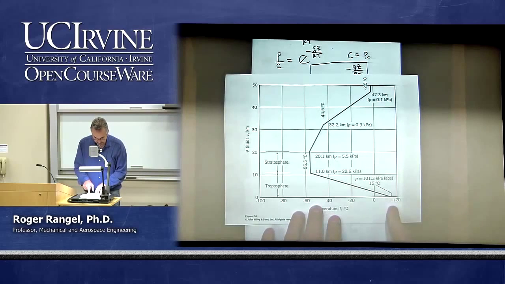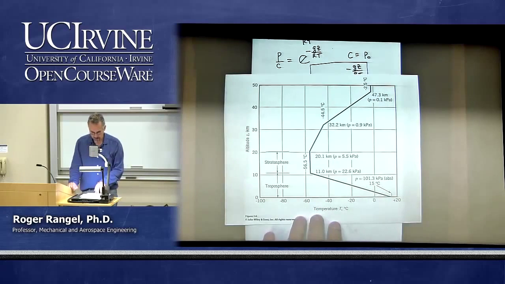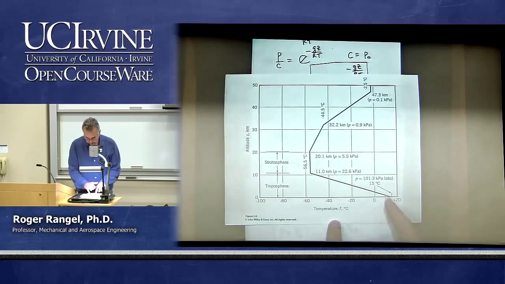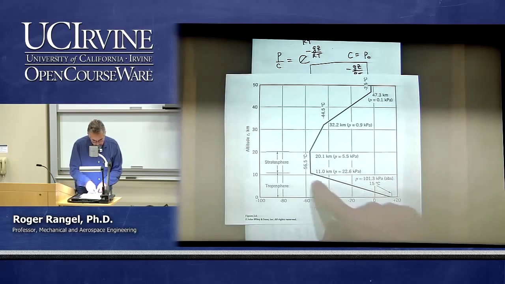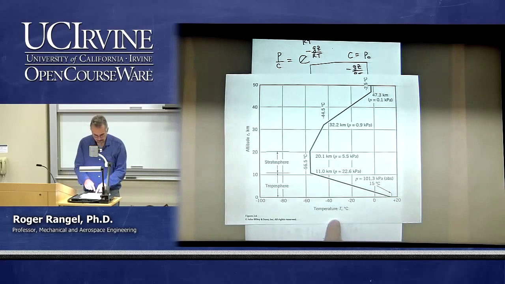Then the standard atmosphere gives you a temperature distribution. The temperature would be 15 Celsius at ground level, and then it would drop to about minus 55 Celsius or so at about 10 kilometers.